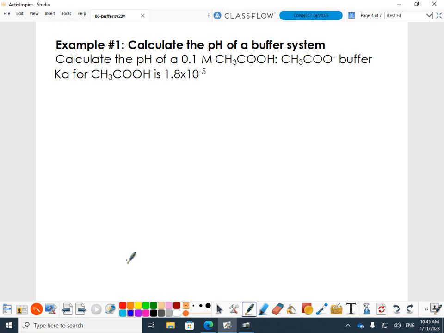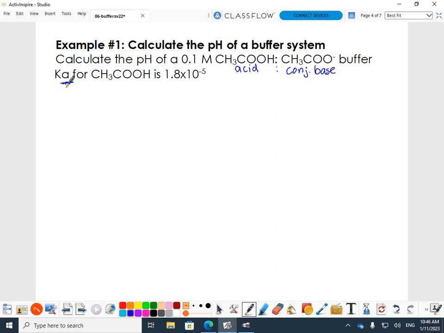Okay, so when you do today's homework, again, your textbook probably wants you to go and look it up. So it says calculate the pH of a 0.1 molar CH3COOH, CH3COO negative. So this is an acid and its conjugate base. Even if you forgot that it was COOH, it tells you the Ka, A's for acid.